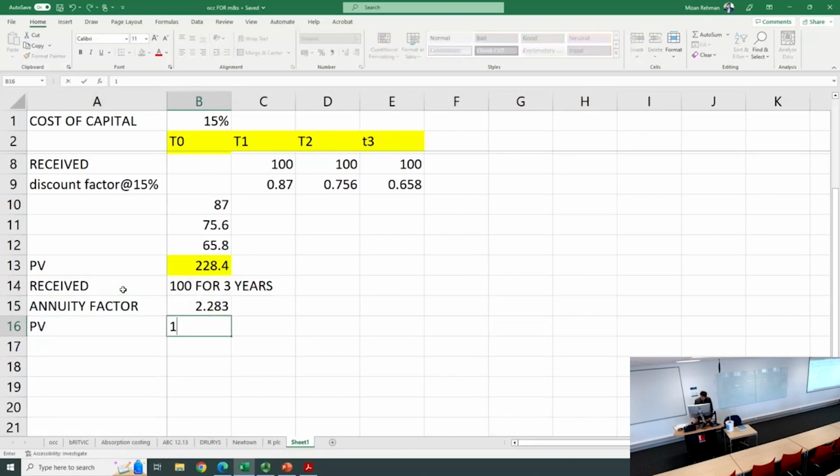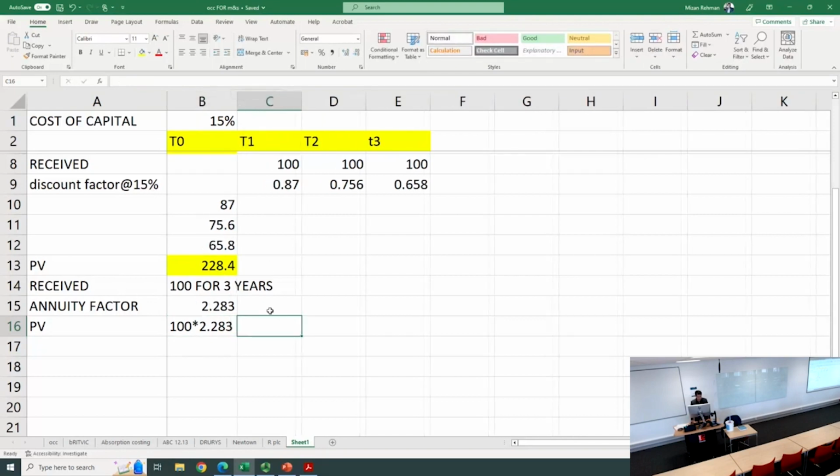PV is 100 times 2.283. £228.3, which is same as 228.4. This point decimal difference is due to rounding off of these figures.